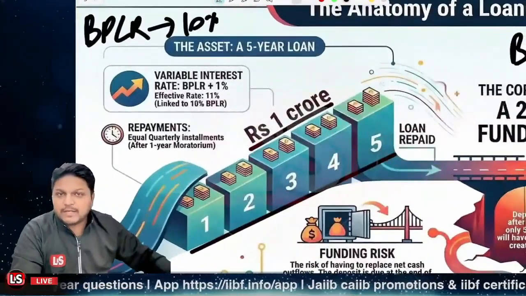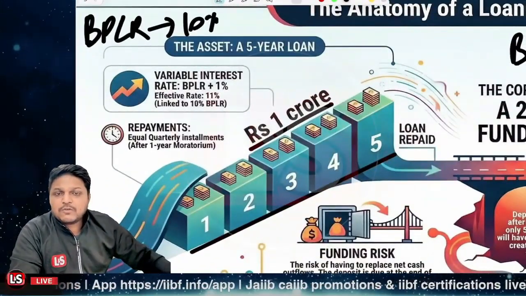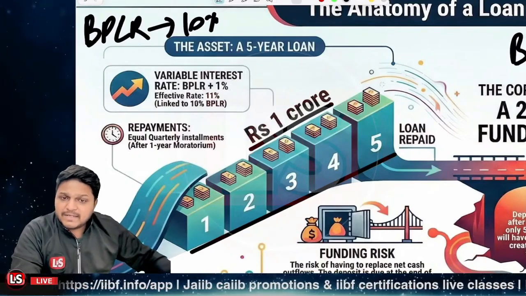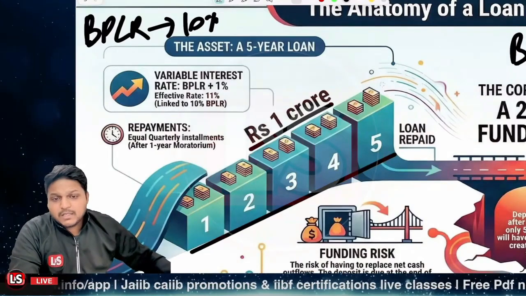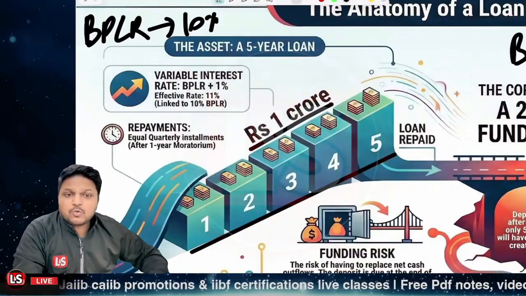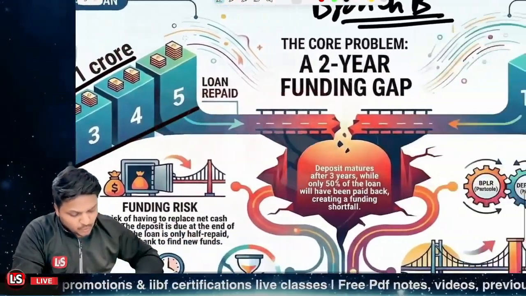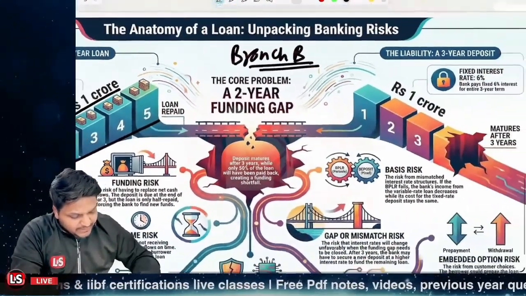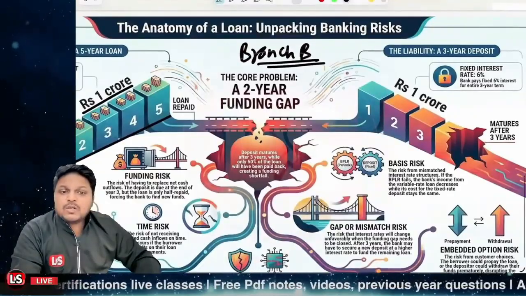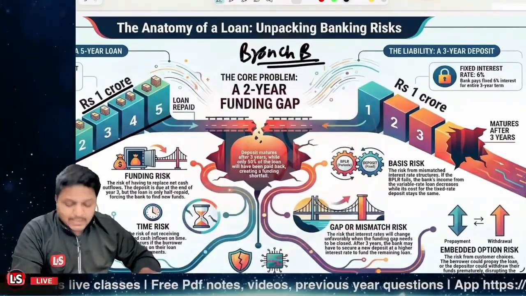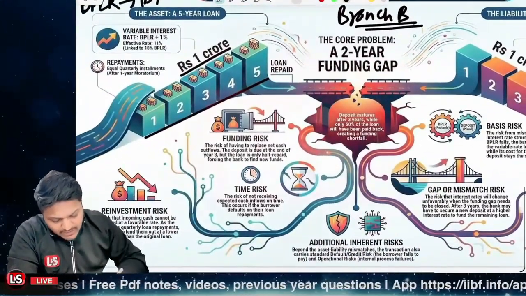It is clearly said here that it is extended at a rate of BPLR plus 1%. Further, the loan is to be repaid in equal quarterly installments with a 1 year moratorium.